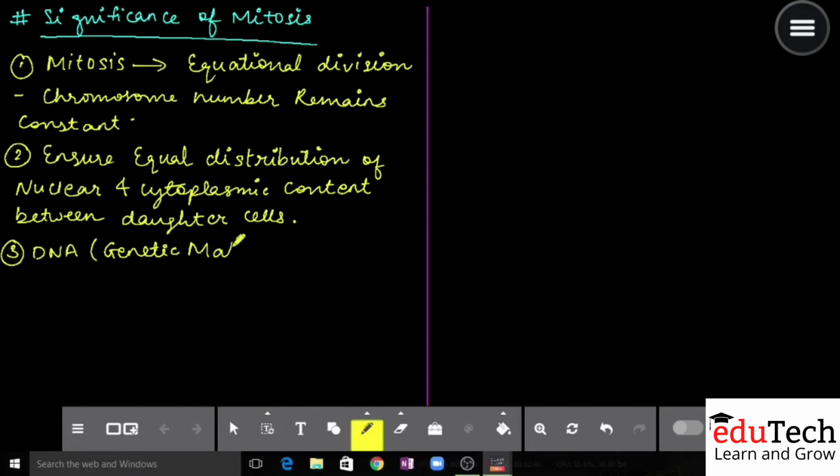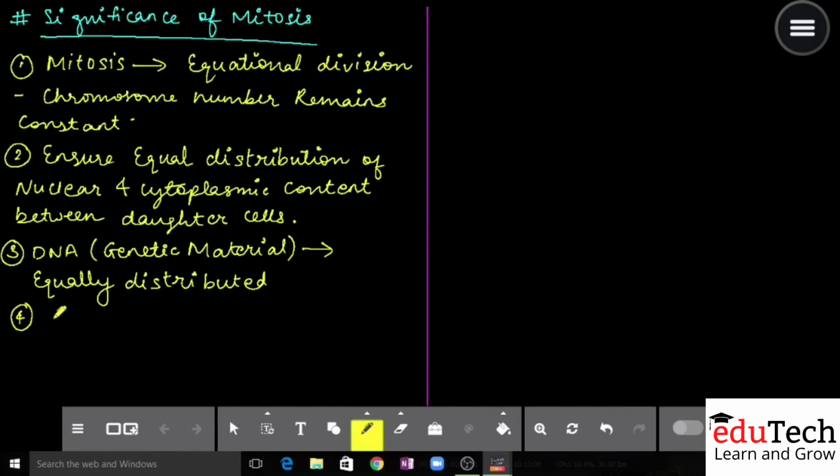Now DNA, ये तो भाई important है। DNA which is the genetic material, okay, DNA which is the genetic material is also equally distributed, ठीक है, because mitosis है। In the previous module we have already discussed कि mitosis में chromosome number will remain same throughout the generation. Yes, so DNA is also equally distributed.